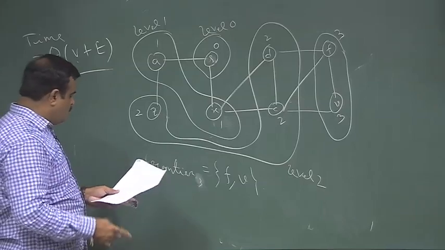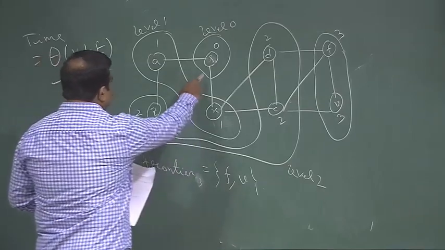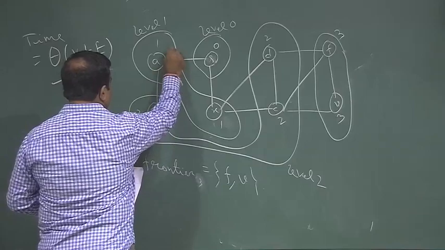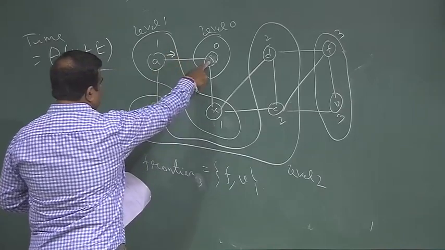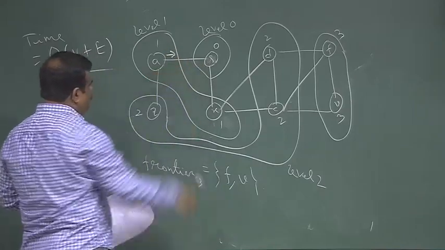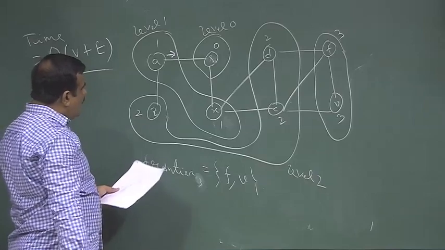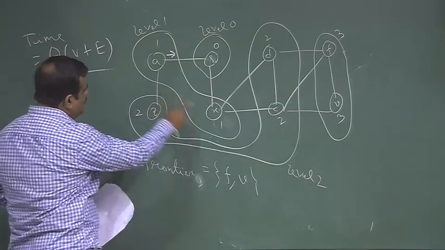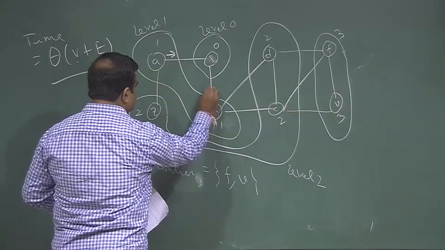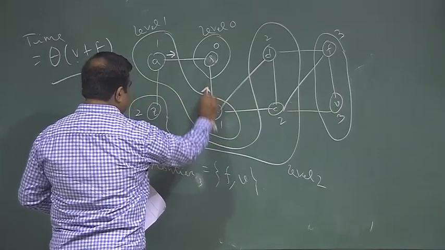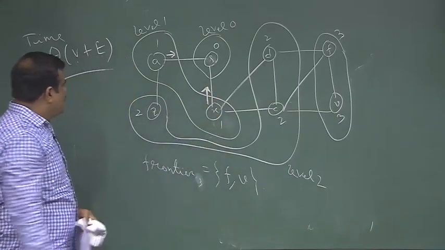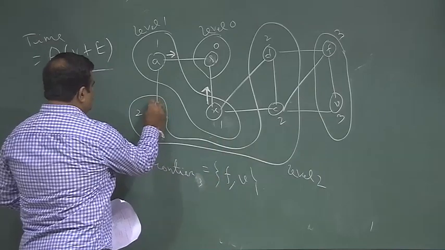So, the parent of this is basically S, because this was captured from S, and then we captured this also. So, parent of this is basically S. So, this arrow is basically the parent pointer, and parent of this is basically A.